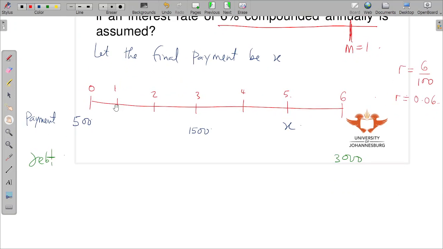Now we need to choose a point in time. Of course, the point to choose is the one that contains the unknown. If I choose this point, then every other thing must go to this point.